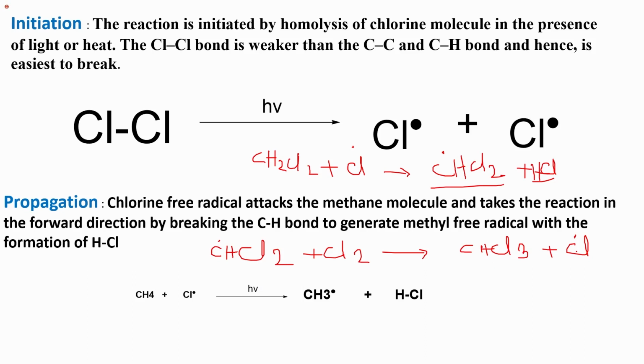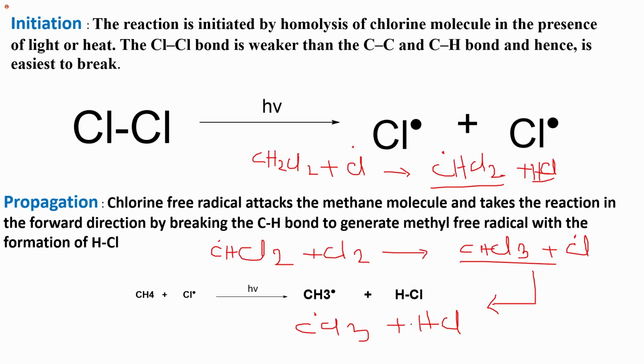Now this Cl dot, you have this Cl dot and this one you have now, right? This Cl dot will abstract here. What will it form? CCl3 dot plus HCl. These are all happening in the propagation step only. So you have CCl3 dot and HCl.